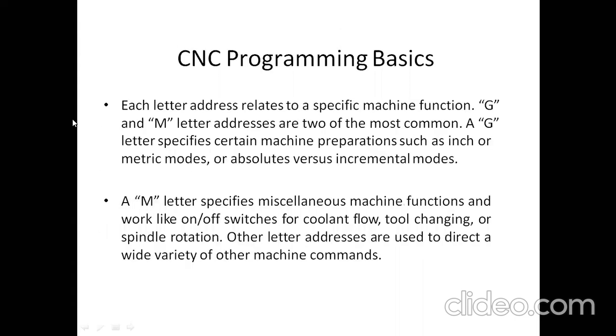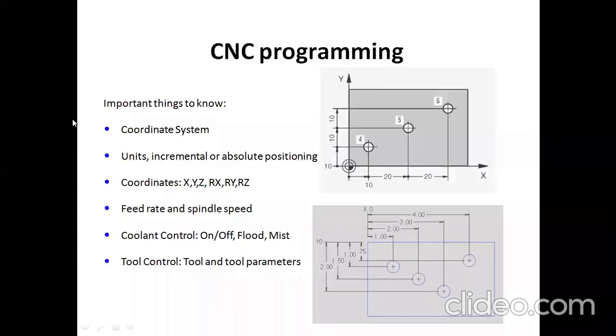As we discussed in the last session, G code represents the program or command to control the machine, and M code is the miscellaneous code. These are a few important basics for CNC programming: coordinate system, unit, incremental and absolute positioning.